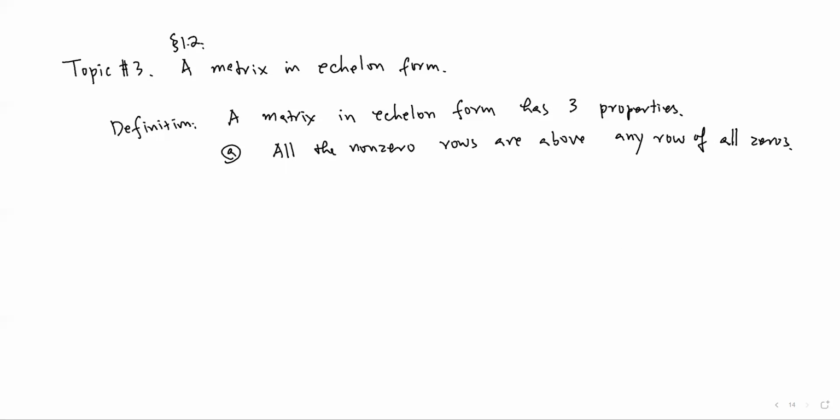Say, for example, let me write a matrix in echelon form. 0, 1, 2, 3, 4, 5, 0, 0, 0, 7, 8, 9, 0, 0, 0, 0, 0, 10.